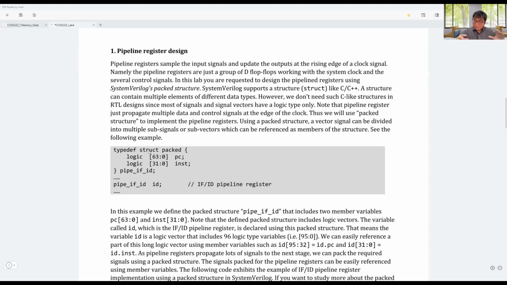We can group multiple signals in this structure, so it is very convenient, and we can easily implement pipeline registers with this structure.